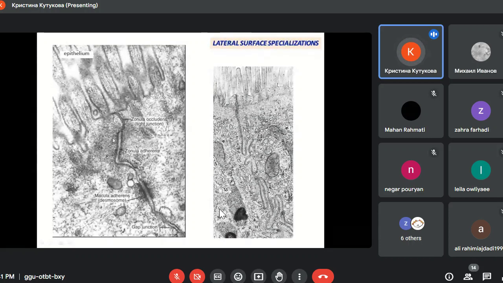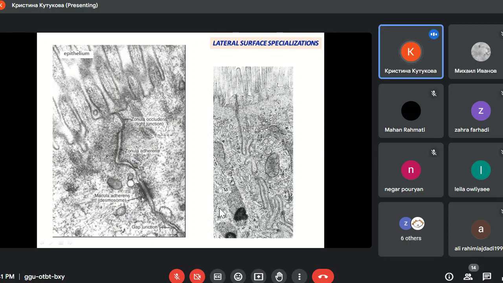Zonula adherens has some fibrillar material, and this thickening, more dark looking, is always located at the level of the terminal web, because the microfilaments of the terminal web are parts of this contact.